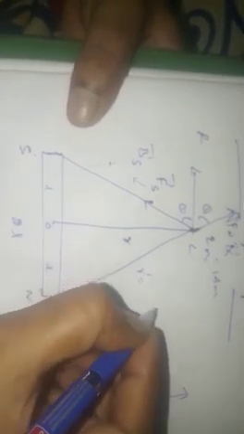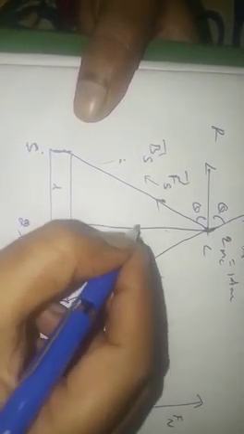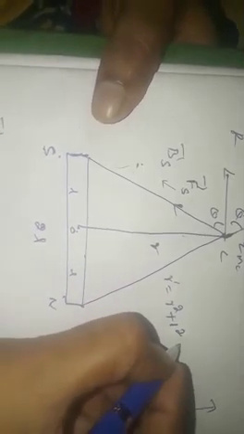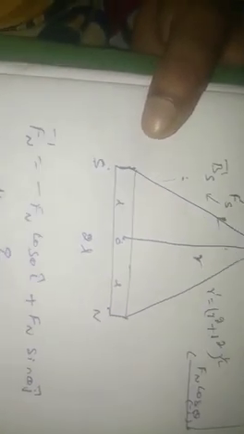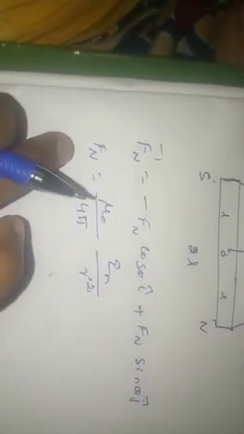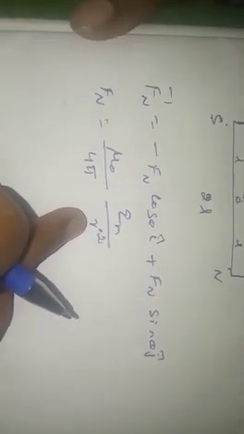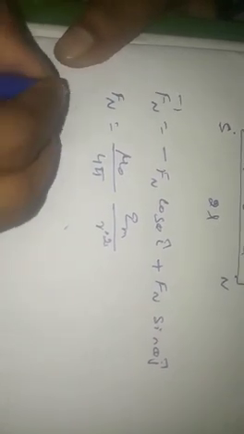According to Pythagoras, one side of this triangle will be equal to the square root of the sum of the squares of the adjacent two sides, R squared plus L squared whole to the power of 1 by 2. This is r dash, so Fn is equal to mu naught by 4 pi, Qm by r dash square.